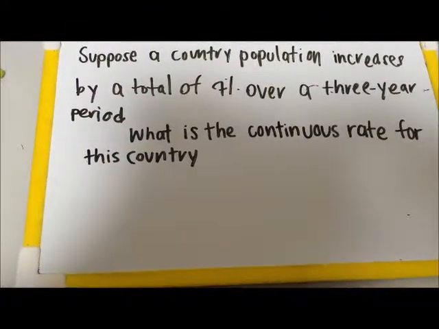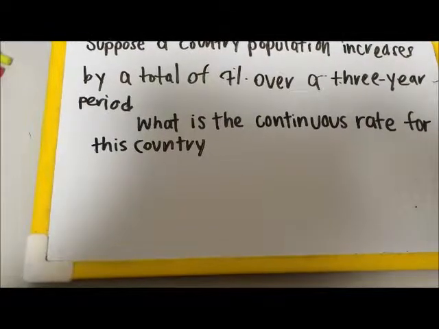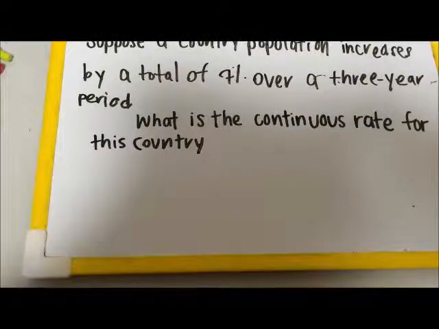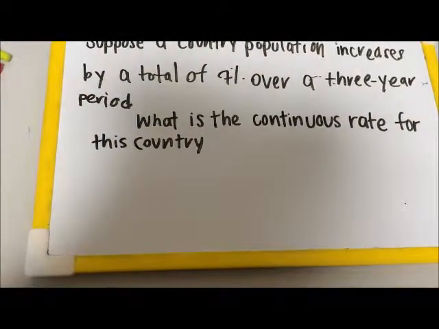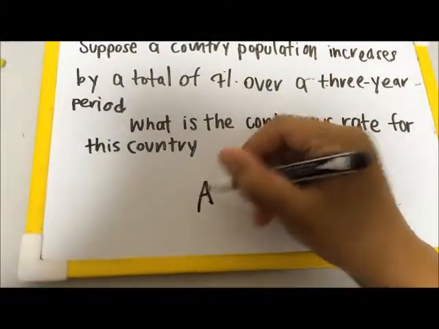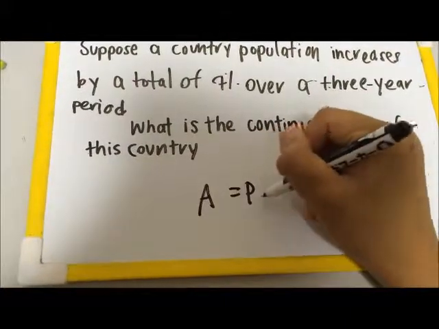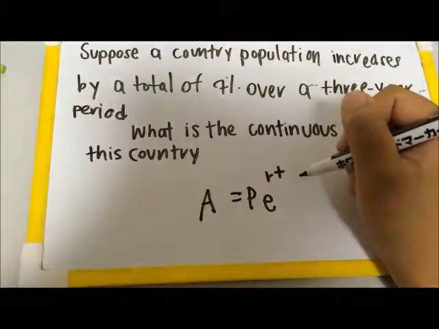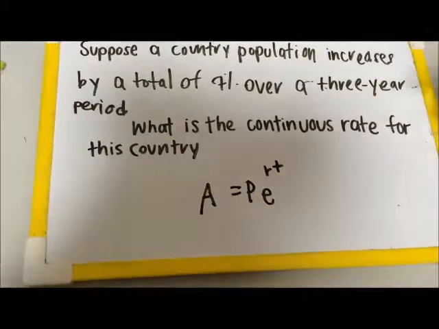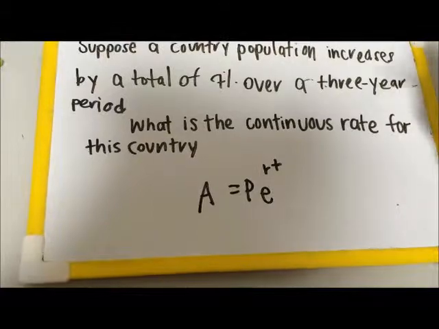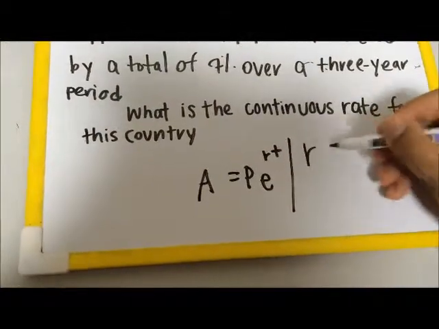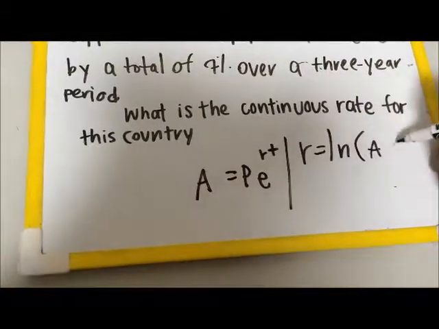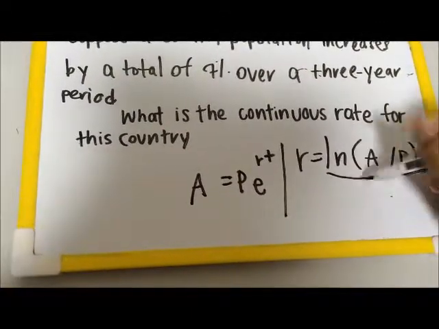If interest is compounded continuously at annual interest rate R, then after T years an initial amount P grows to an amount A given by A equal P times e to the power R times T. If R is not given, we can solve the above equation for R to obtain R equal natural log of A over P, divided by T.